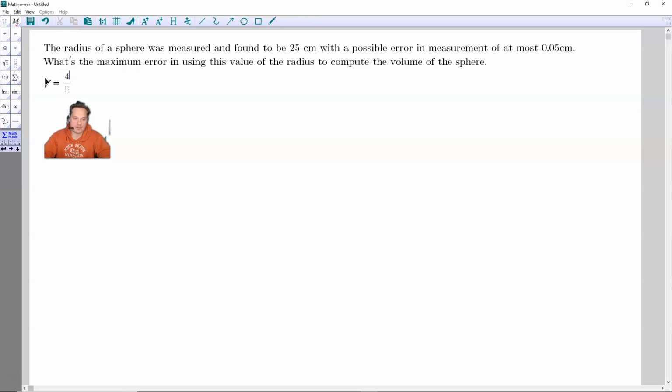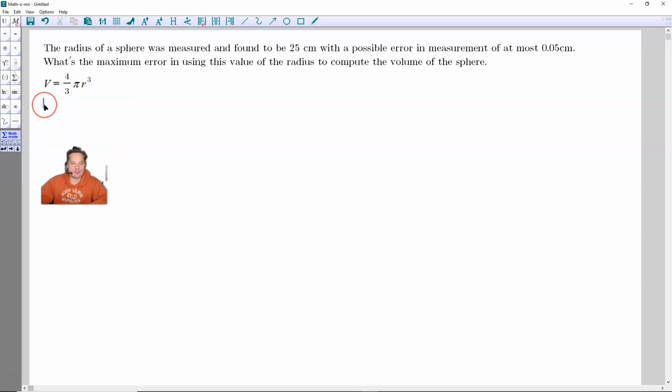It's 4/3 pi r cubed. So what we're going to do is differentiate this. That's going to give us the following result next: dV/dr is equal to the following. 4/3, and now you bring the 3 down from the r cubed, so it becomes 3 in that position, times pi, times r squared, and then you simplify this.